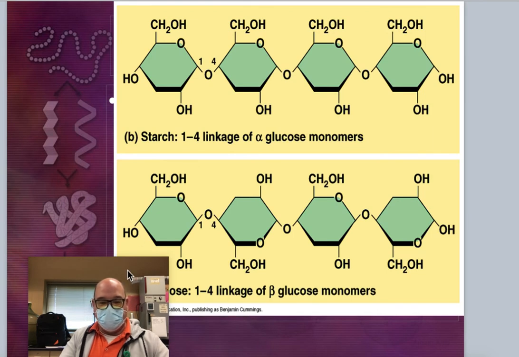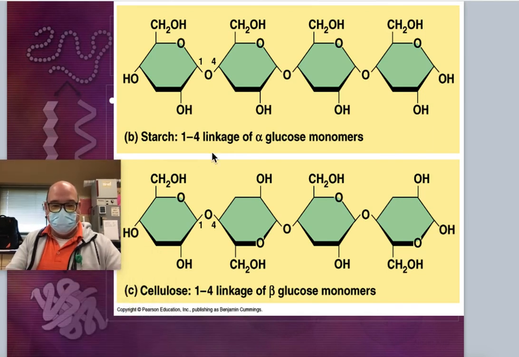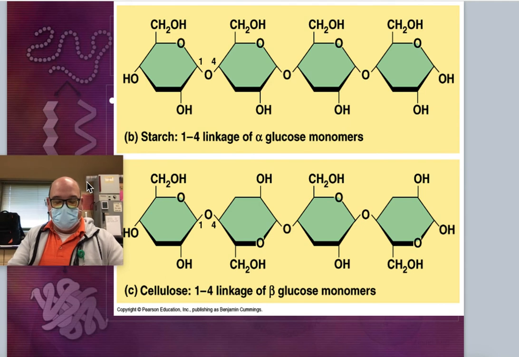Okay, so starches use alpha glucose, and cellulose uses beta glucose. Starches use alpha glucose. That's the Greek letter alpha right there. Kind of looks like a cursive A. And cellulose, which is found in things like plants, uses beta.